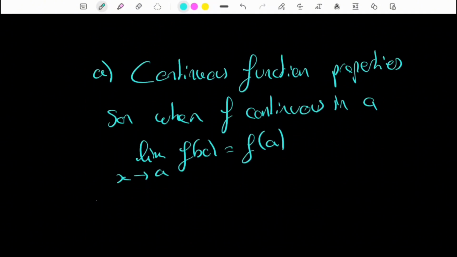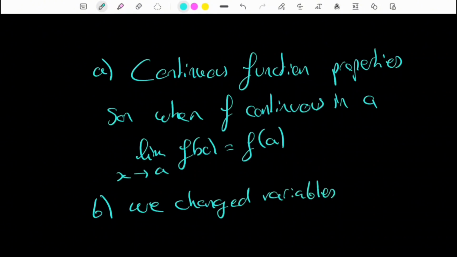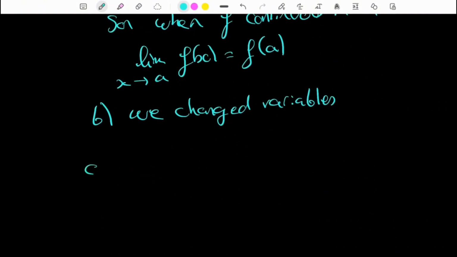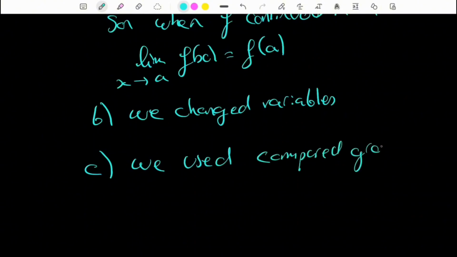So that's the first one. For b, we changed variables, and for c, we used compared growth.